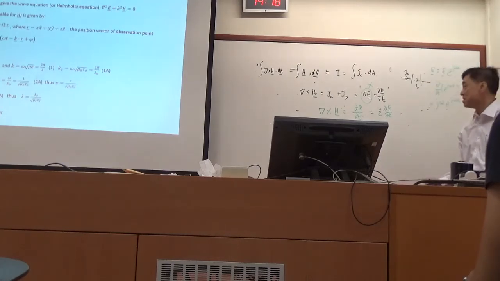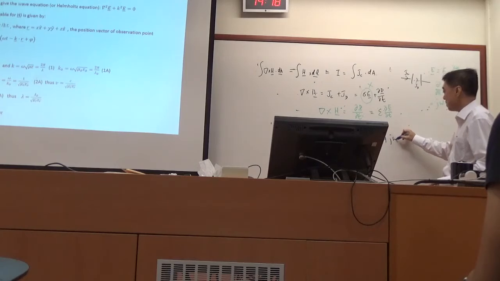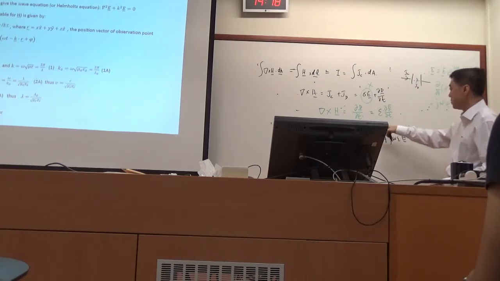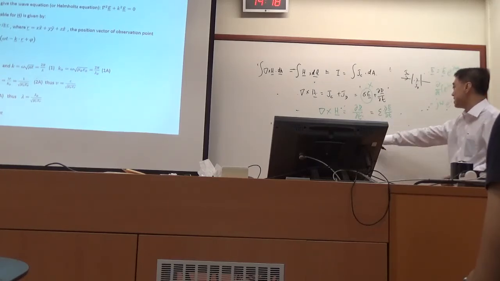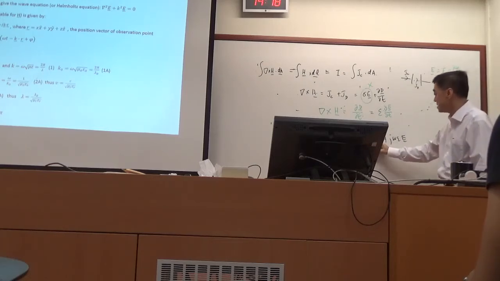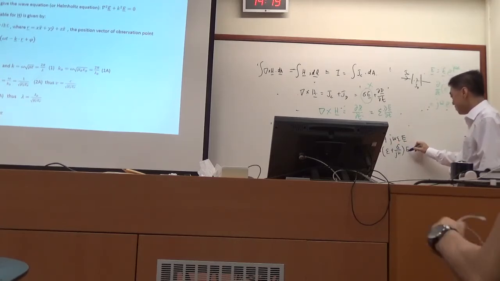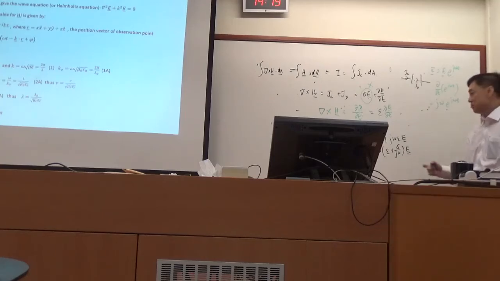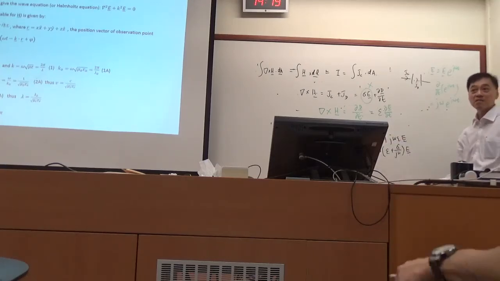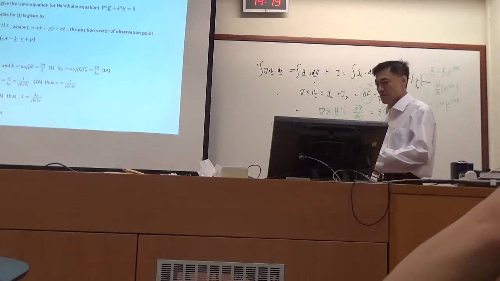It is equal to sigma E plus j omega epsilon E. If I factorize and bring the j omega out, I get j omega times epsilon plus sigma over j omega, times E. Now compare this form and that form.